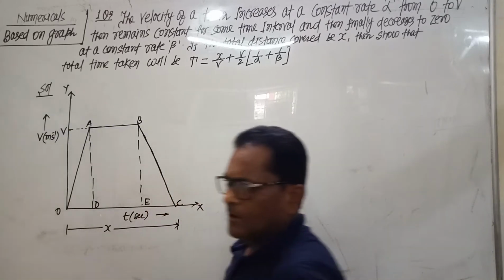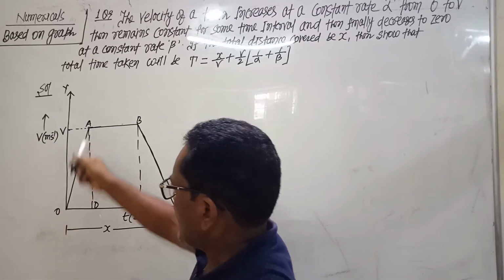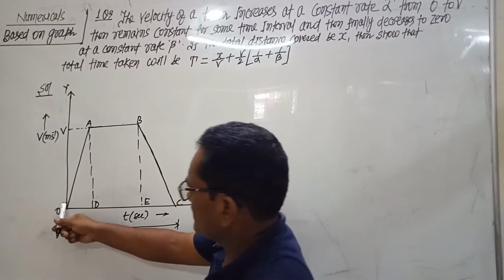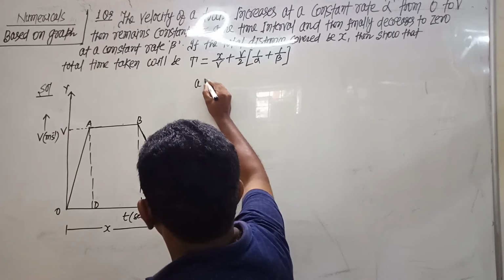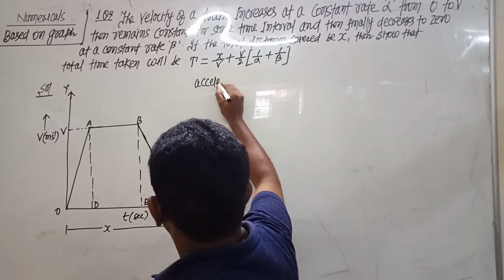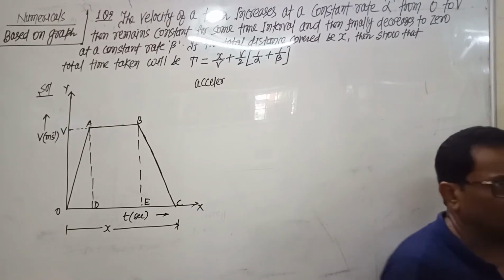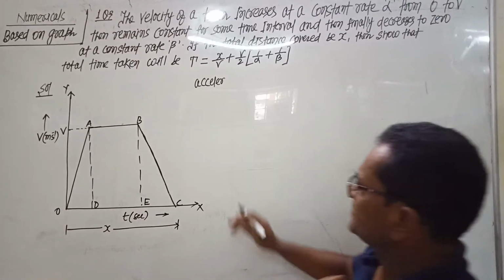Firstly we will find the acceleration in the region from O to A. The slope of the velocity time graph gives the expression for acceleration.